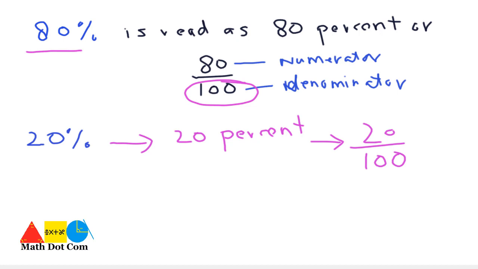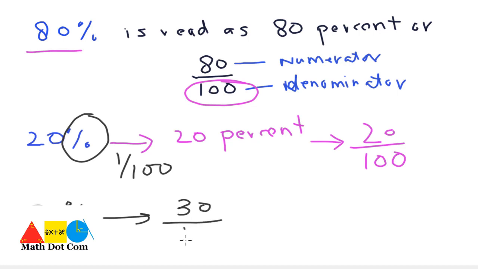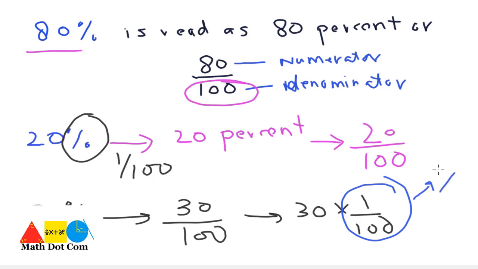So wherever there is a percentage sign, you must have 1 over 100 there. Another example is 30%. You may write it as 30 over 100, or 30 into 1 over 100, which is a percentage.